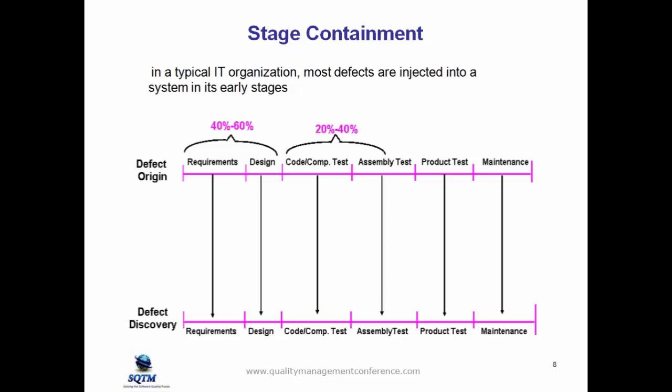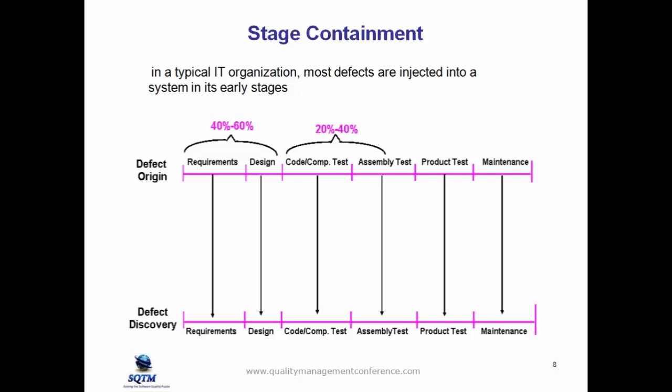There's a difference between where it originated, or was injected, versus where we found it. Based on industry standards, and this data goes back several decades, 40 to 60% of all defects originate in requirements and design. 20 to 40% originate during coding or assembly test.